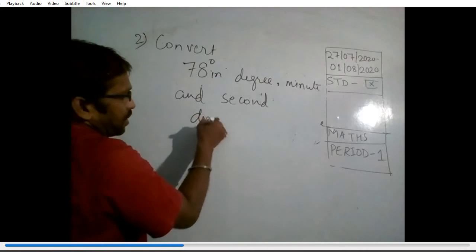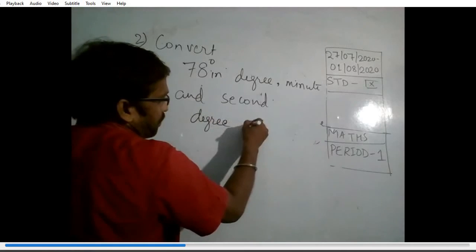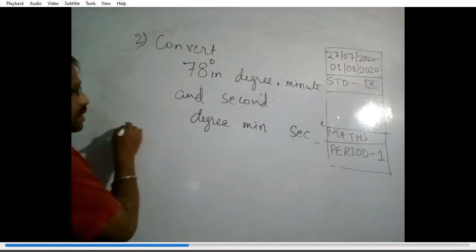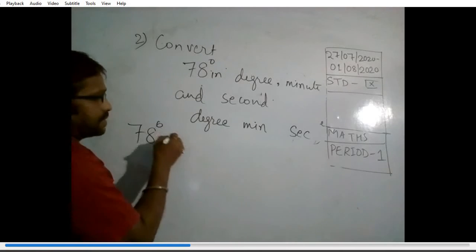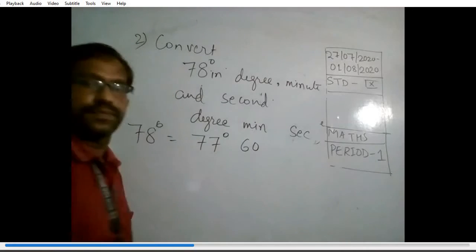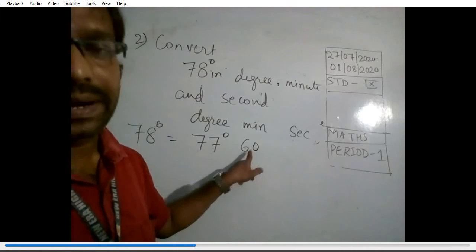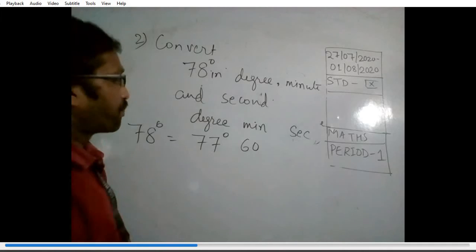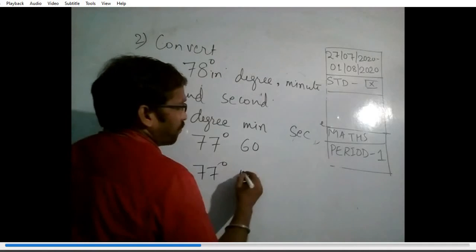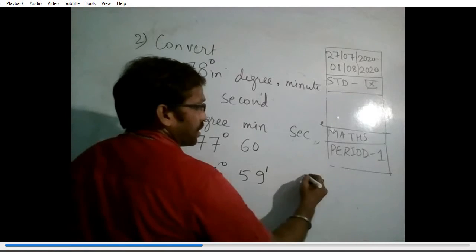Now see this, we know that 1 degree is equal to 60 minutes. That means 78 degrees can be written as 77 degrees and 60 minutes. Yes, true, because 60 minutes is equal to 1 degree, we know this. And then this minute will convert into seconds, so that means 1 minute is equal to 60 seconds.